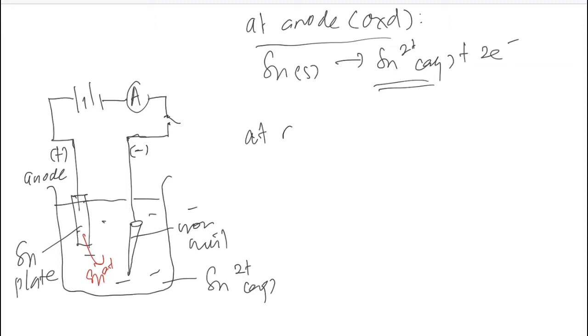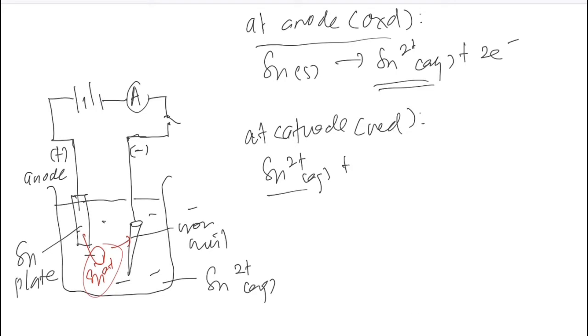What happens next is at the cathode, where reduction occurs, that tin ion, which is oxidized and released at anode, will travel to the iron nail. When it goes to the iron nail, then the reduction takes place. Our cathode, to be reminded to you, is the iron nail.